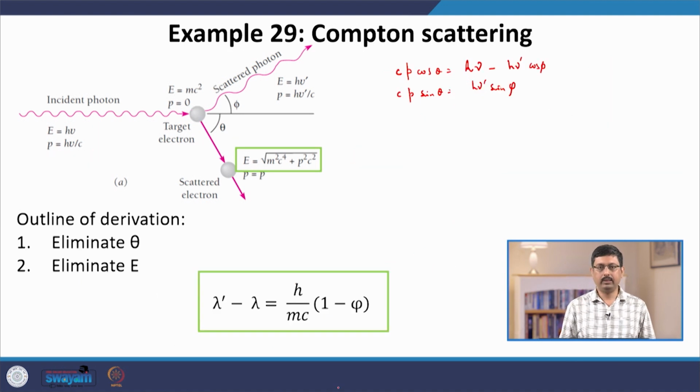Then finally, you arrive at an expression, shown here in terms of the wavelength instead of the frequency. The wavelength of the scattered photon is given by c by nu prime, where c is the speed of light.